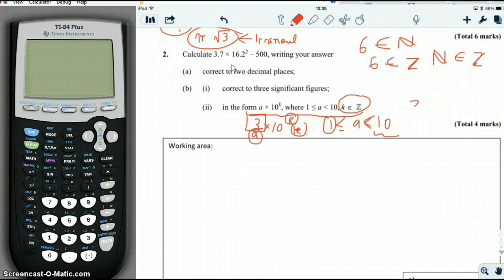So you can't have 3 times 10 to the 1/2, because that's not an integer. You also cannot have 32 times 10 squared, because 32 is not between 1 and 10. You cannot have 10 times 10 to the third, because 10 is not between 1 and 10, not including 10. It has to be less than 10. Okay, so that was reviewing scientific notation.